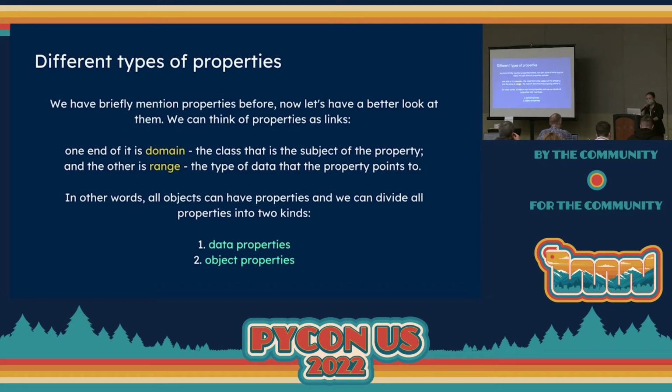But a property like name will also have a domain and a range. So what is that? Name is a property of a person, so name's domain is a person object. And name's range would be a string because it stores a string.